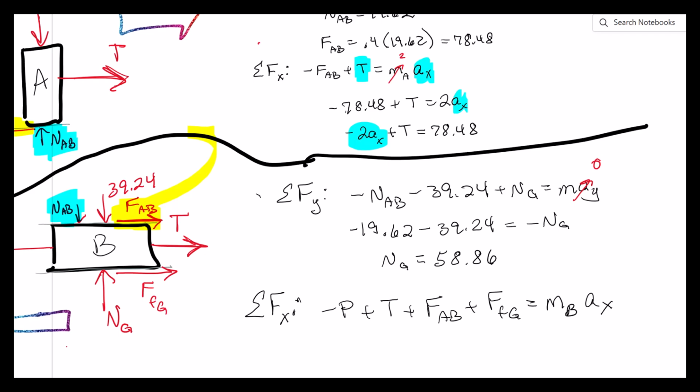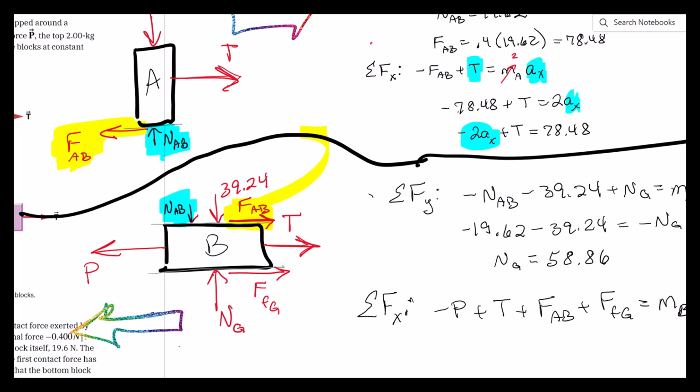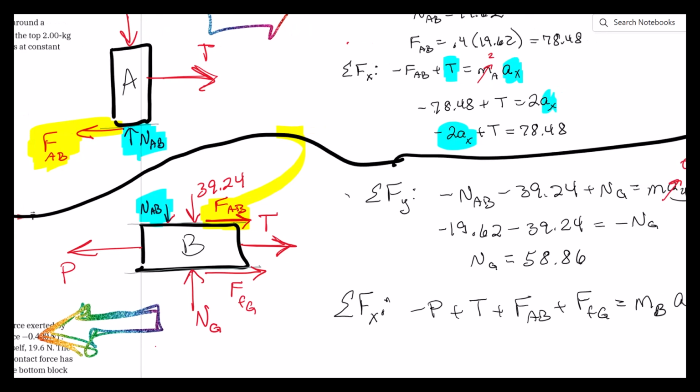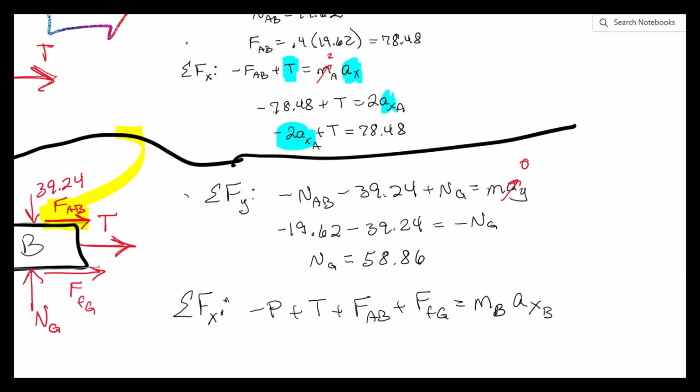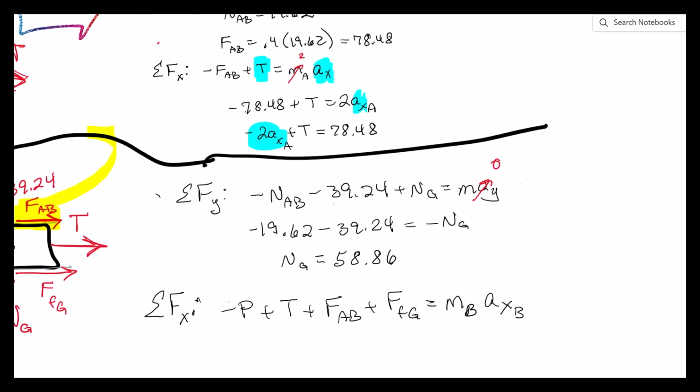Now, the problem is I've done something weird here, and my acceleration is actually in the negative direction. So what I could have said is this is the acceleration of A in the x direction, and this is the acceleration of B in the x direction. But I can tell by looking that A in the x direction is the opposite of B in the x direction. That's true.